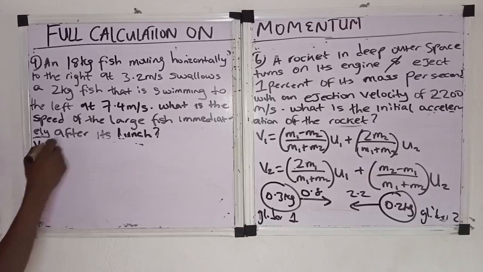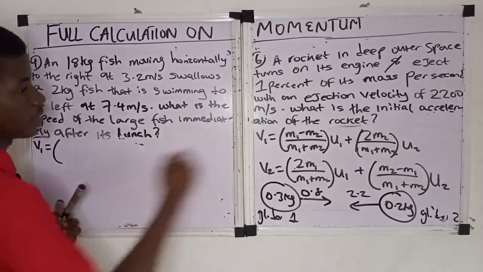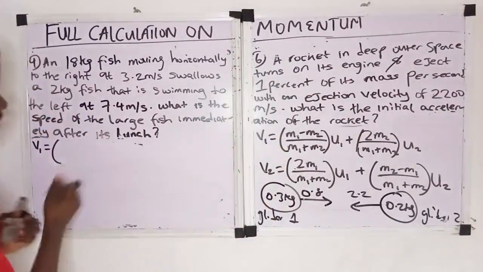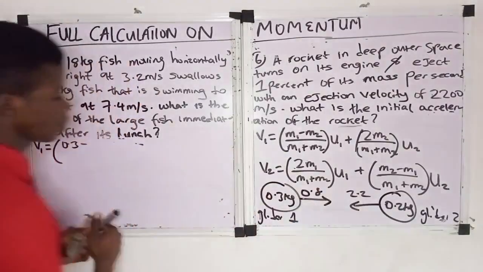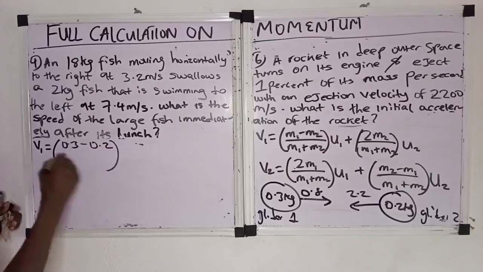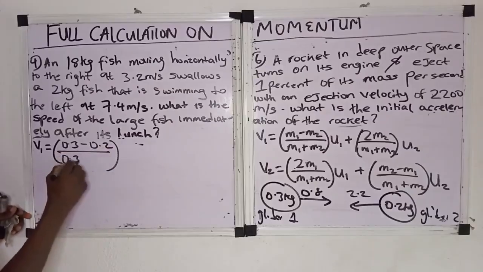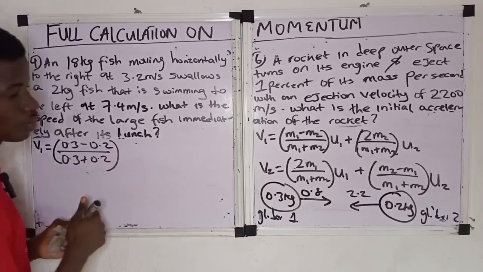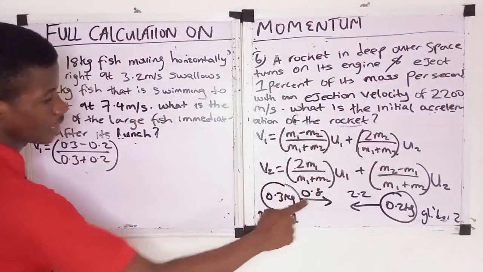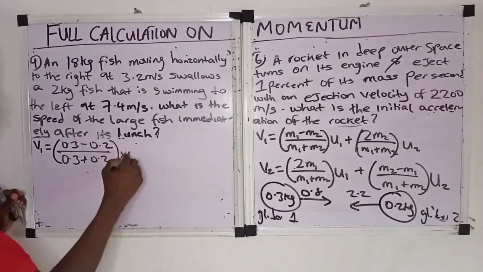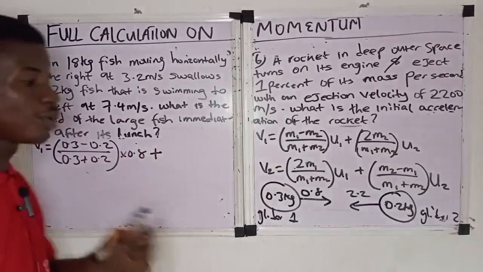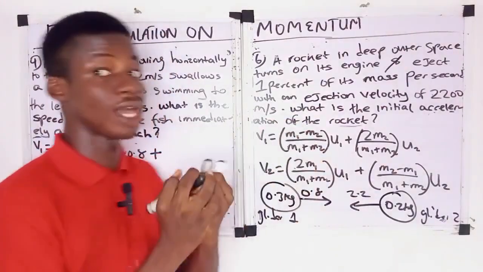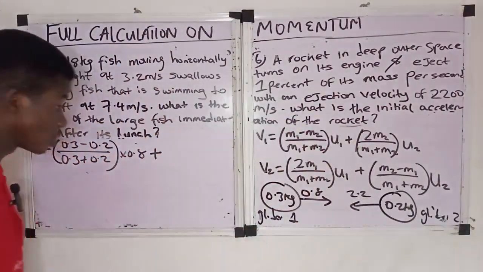The final velocity of glider 1 is bracket open, the mass M1 is 0.3, then M2 is 0.2. Then divided by M1, which is 0.3, plus M2, which is 0.2. Now times U1, the initial velocity of glider 1, which is 0.8. Now since these two bodies are moving in opposite directions, we are going to use a minus sign.